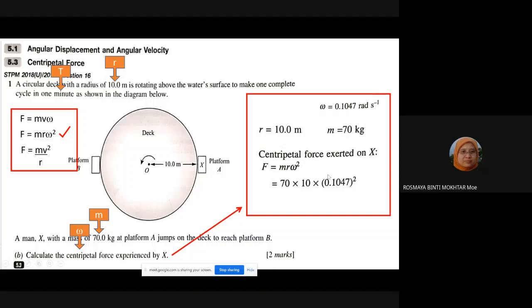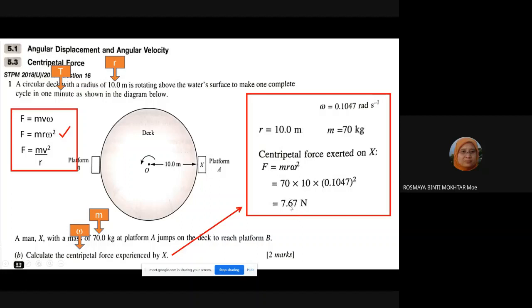Because R is given in 3 significant figures, you must substitute the values here with more than 3 significant figures. That's why you can see here it is written with 4 significant figures, so that your answer is in the range of the examiner's marking scheme answer.